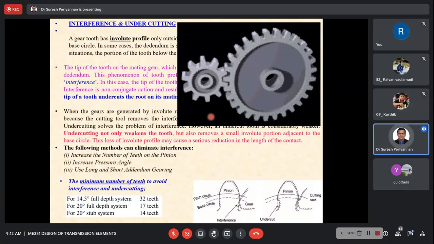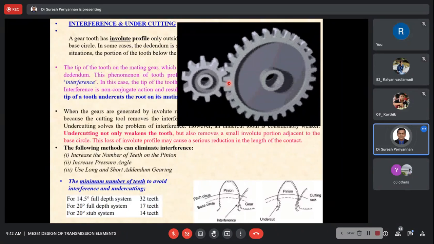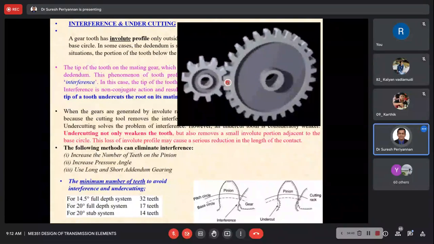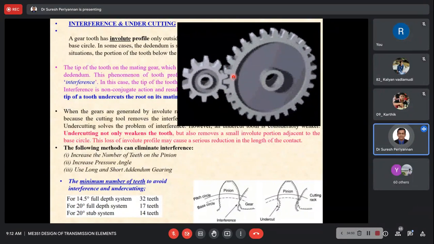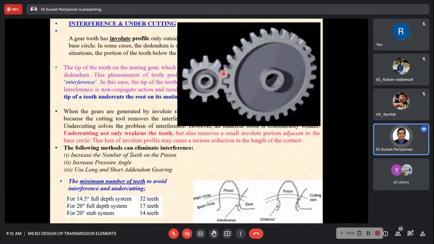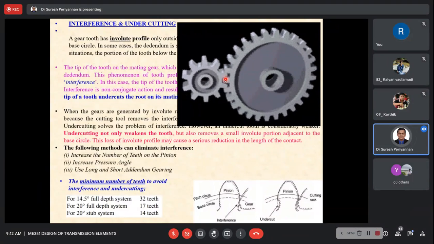Now this arc of contact I can say is the summation of arc of approach and arc of recess. What is arc of approach? Arc of approach is the arc of the pitch circle through which the tooth moves from the beginning of the contact. See here, the teeth is coming here. From the beginning of the contact, how much distance is moved along the pitch circle?